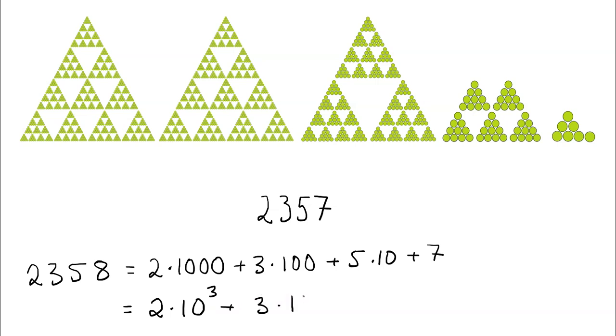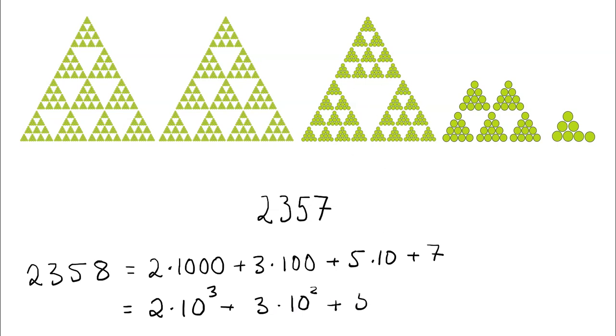And same here, this we can write as 10 to the power of 2. Because this is one pile of 10, and we have 10 of those, then we have 100. So this is 100, and then we have 3 of those, 300.